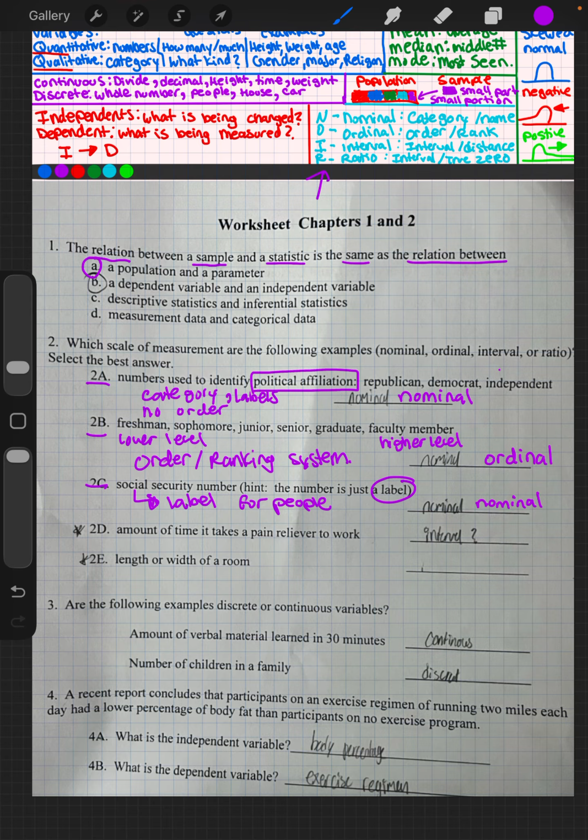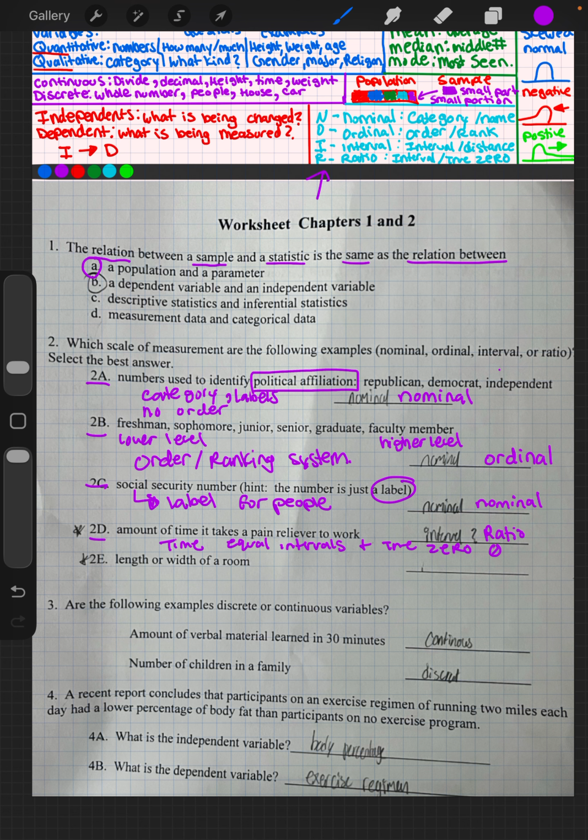This is where it takes a little bit. This one, I think it's a ratio because time is gonna be equal intervals and true 0.